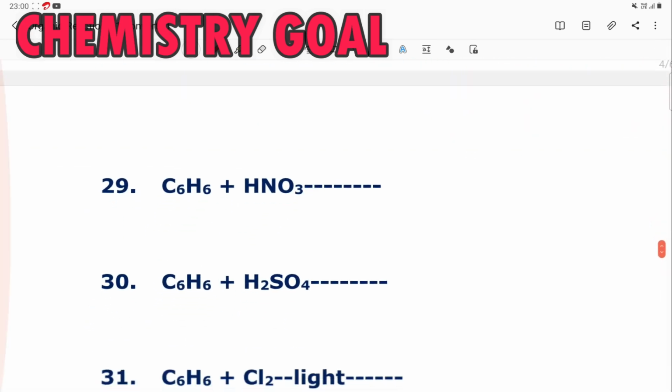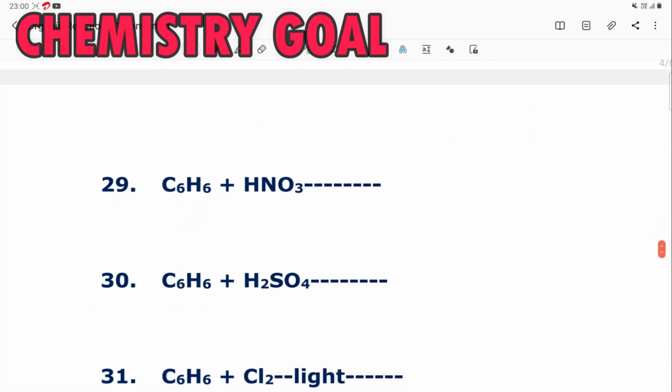Then 29. Here benzene reacts with concentrated nitric acid. This is called nitration, where mainly NO2+ is formed as the electrophile. The product is nitrobenzene, formed as a substitution product.